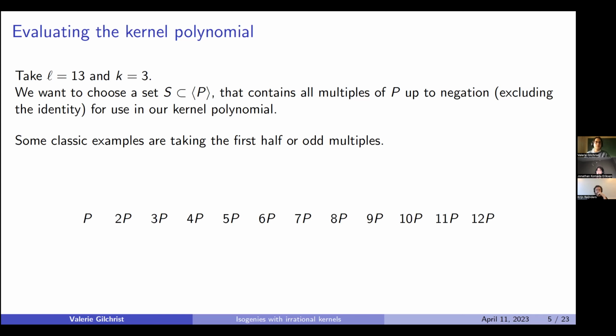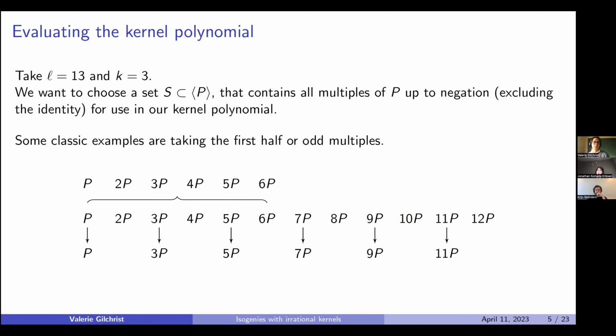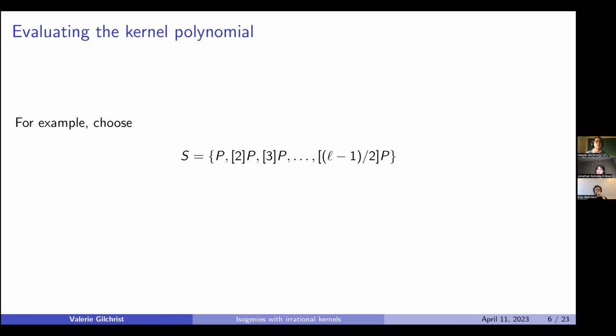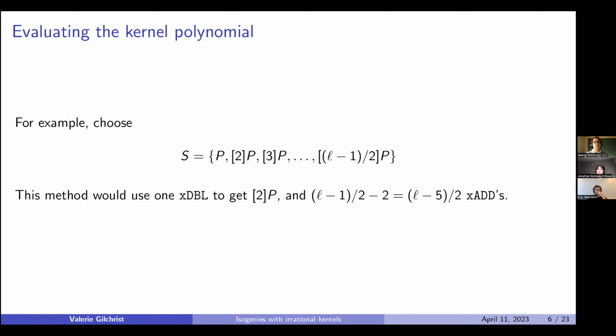And some classic examples for choosing the set S include choosing just the first half of them. So here you can see we don't have the negatives of the ones we've chosen, just going from P up to (L-1)/2 P, or also choosing the odd multiples of P. Either of these are standard choices of S. In terms of cost, if we're just taking the first half of all those multiples of P, we're assuming we already have P, so we're going to use 1 double to get 2P.